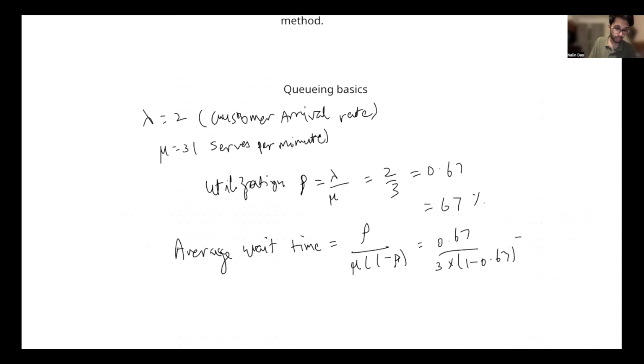And this value becomes close to 0.68 minutes. And what this means is that on average, customers have to wait approximately 0.68 minutes or about 41 seconds in line. So 41 seconds in line, the customers have to wait. So this is what we call a basic queuing example. I hope this is clear.